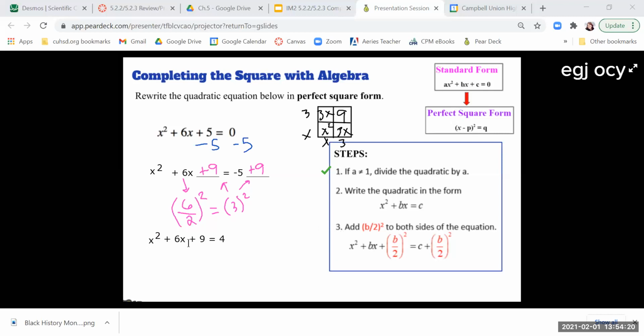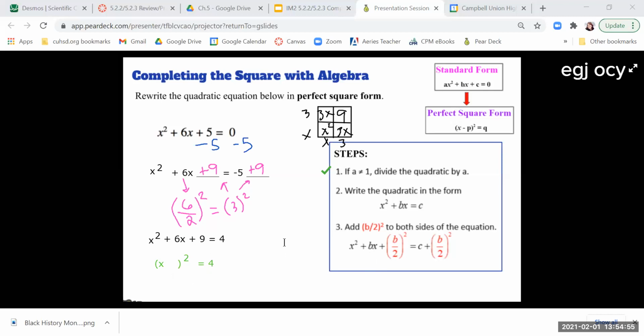So you could go through the whole factoring process, but I want to remind you that this is actually representing a perfect square. We chose this 9 on purpose so that it was a perfect square, which means we know that this is going to factor, like x plus or minus something, squared, and then equals 4. And now we just need to figure out what goes in that spot.